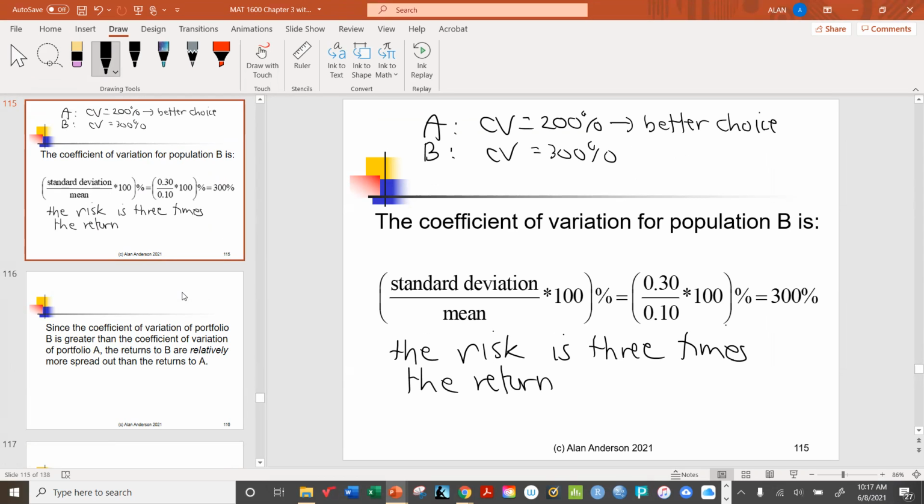So at least with stocks, a lower coefficient of variation is better. And so you can see it would be difficult to judge this with just the mean and standard deviation. Here, you can compare them all on an equal footing, and that's really why we like this measure.